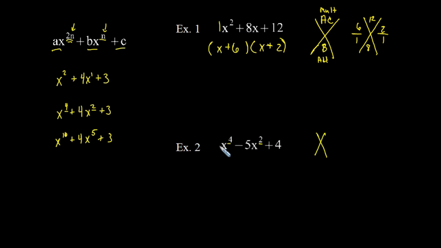We take a times c, which is 1 times 4, and put 4 up here, put a negative 5 down here, and ask ourselves, what multiplies to be positive 4 and adds to be negative 5? It has to be negative numbers, so we use negative 4 and negative 1. The other option would be 2 and 2, but that does not add to be negative 5. We put them both over 1 and simplify those fractions, and then we can write out x squared minus 4 and x squared minus 1.